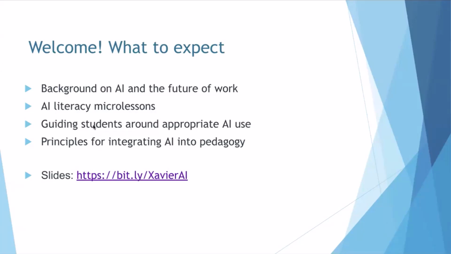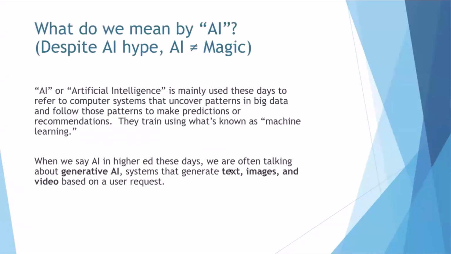And then more of a deep dive into ways we can guide students around appropriate AI use and principles for integrating AI into pedagogy, as well as two big approaches to that. And we'll try one of them out together. It's a lot to get through, and I am excited for your questions and the discussion. So please do put things in the chat as we go. I did put the link to the slides, so you'll have all the links, and you can also comment on the slides if you like.